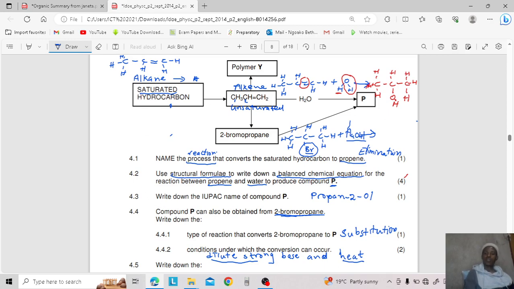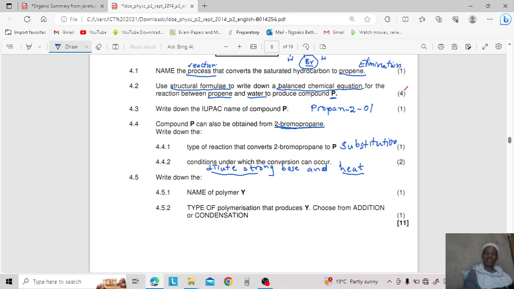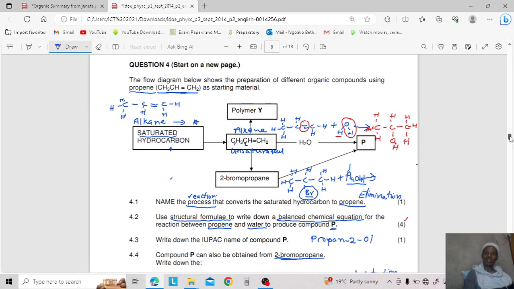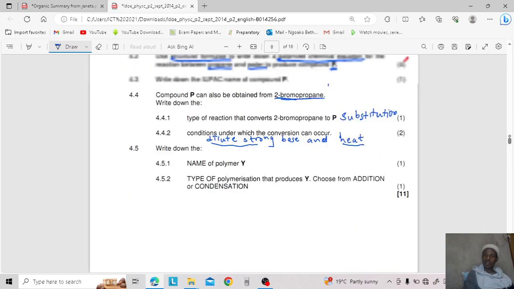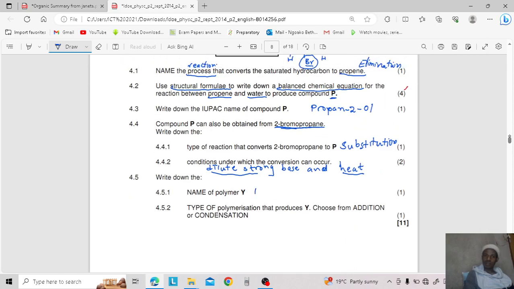Right, let's move on with the questions. Write down the name of the polymer Y. Now the polymer we didn't talk much about, but since we have 3 carbons here, for this to be a polymer we must start with poly.